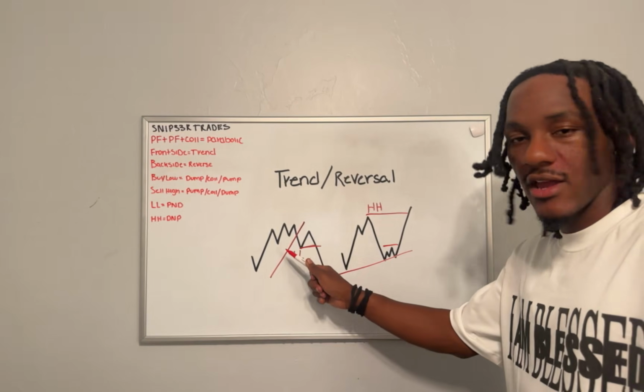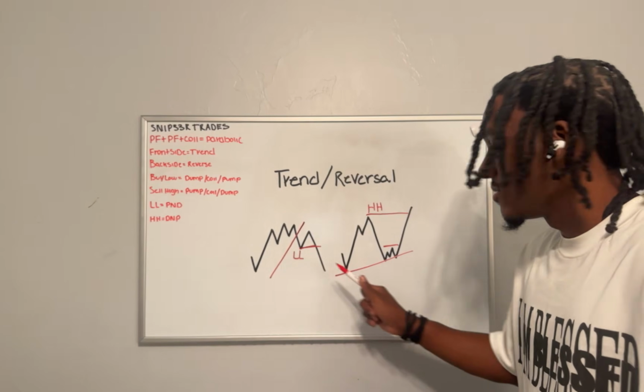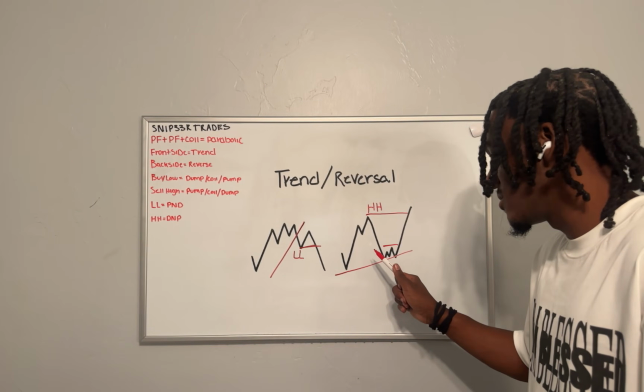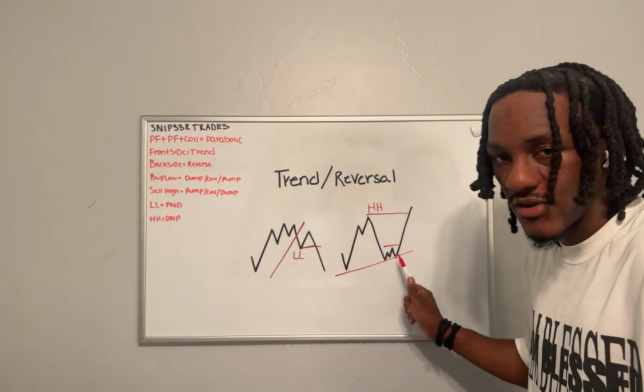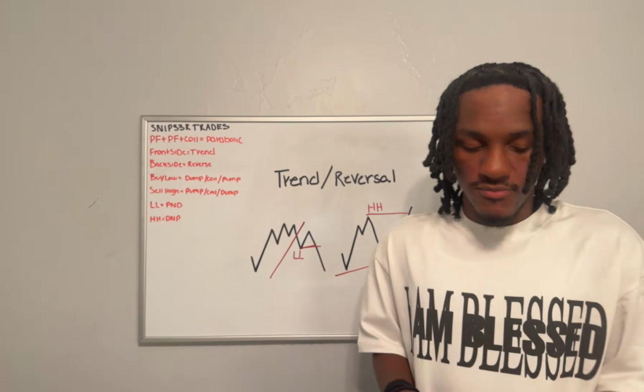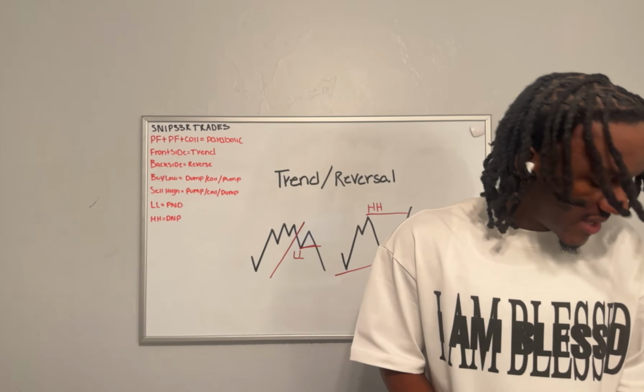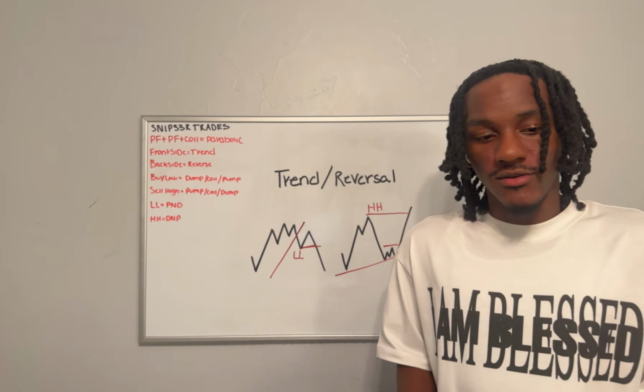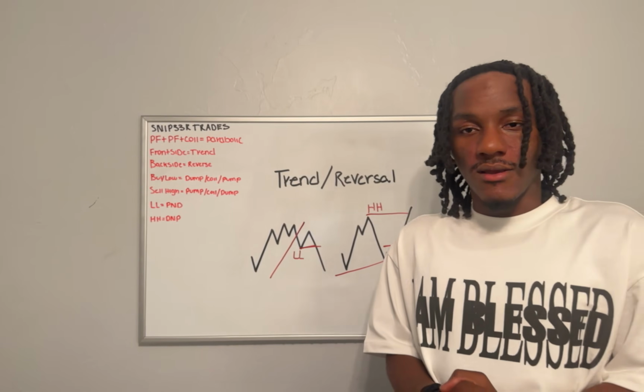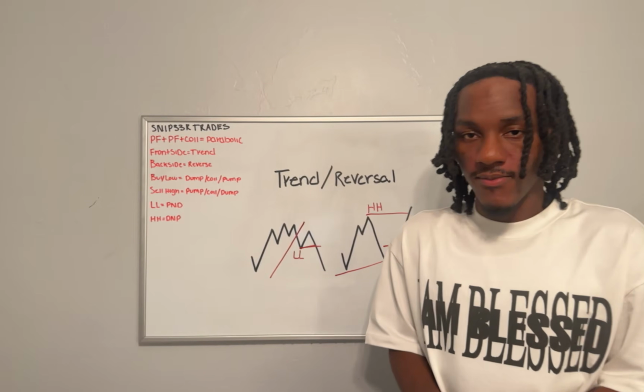So this will be a buy instead of a sell. This will be a sell instead of a buy. So I just like to end off on that note, everyone, before I go too deep.